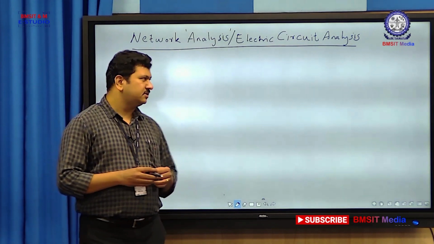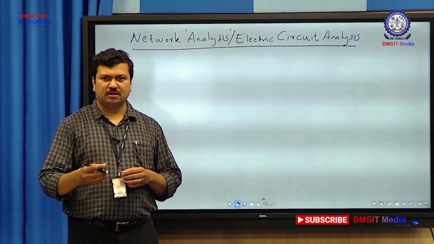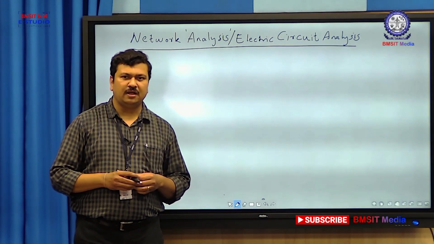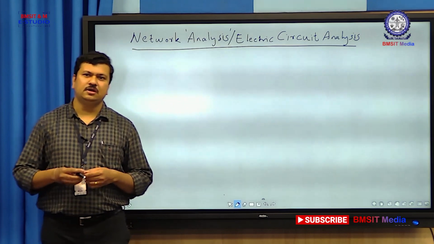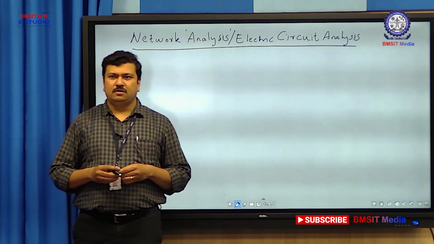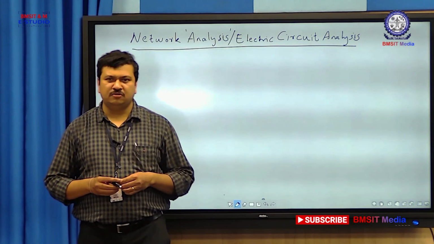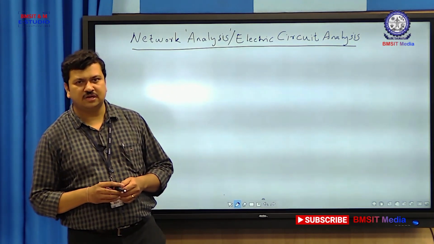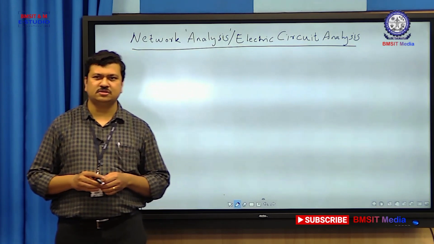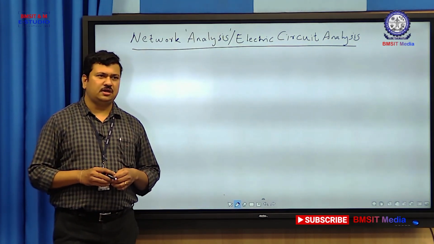For an electrical system, the performance parameters are current, voltage, power, energy, frequency, phase angle. The passive element values are resistance, capacitance, inductance, and the active element values are the voltage value of a voltage source, the current value of a current source, and so on.